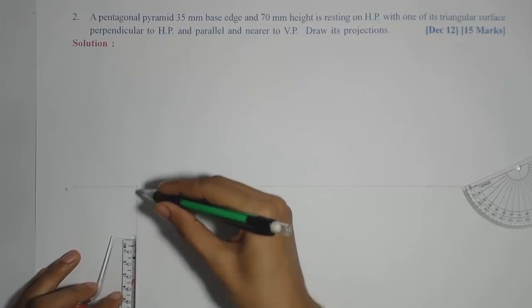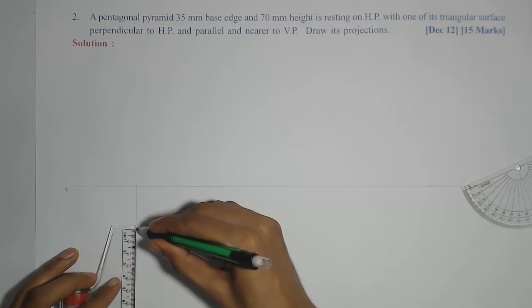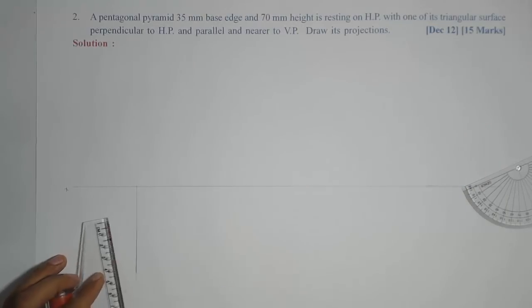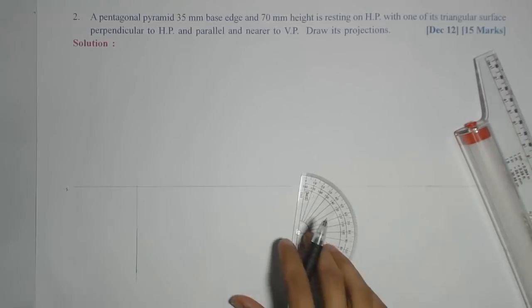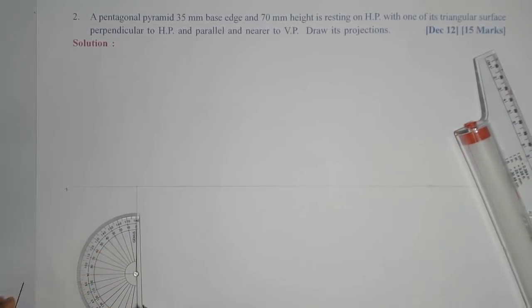So first leave some space below XY because after marking the angle it should not cut the XY line. Then mark the angles 108 on both the sides. Be careful while measuring the angles. Measure them in a proper direction.